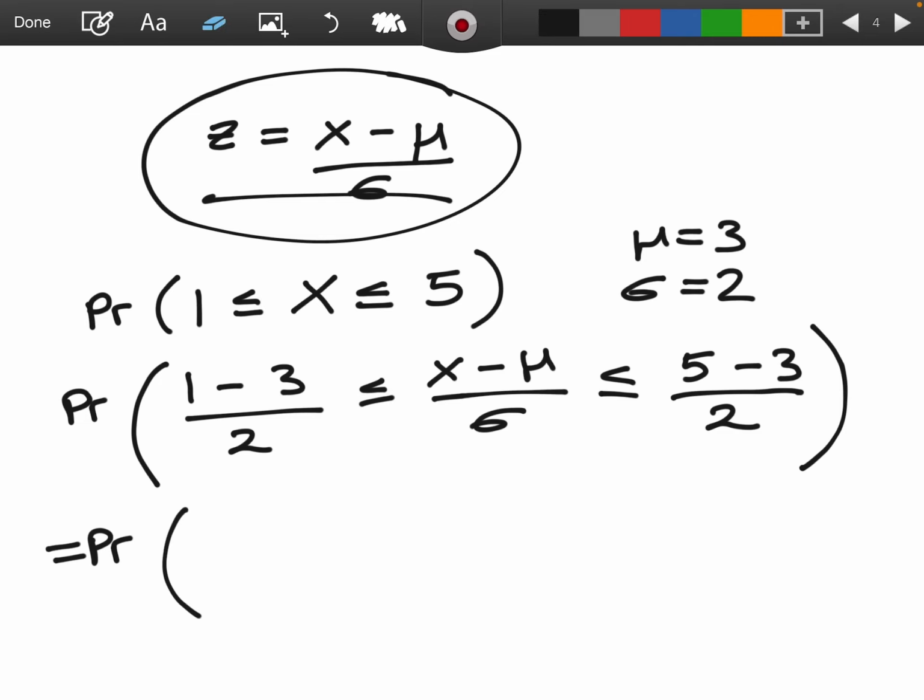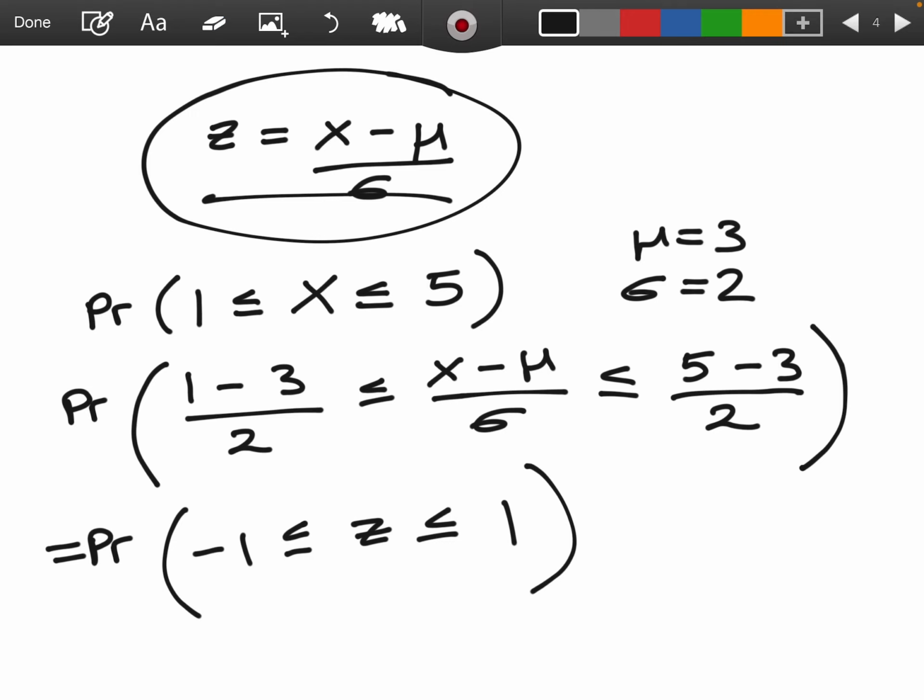When we do that, 1 minus 3 is negative 2, divided by 2 is negative 1. X minus the mean divided by the standard deviation we say is z. 5 minus 3 is 2, divided by 2 is 1.